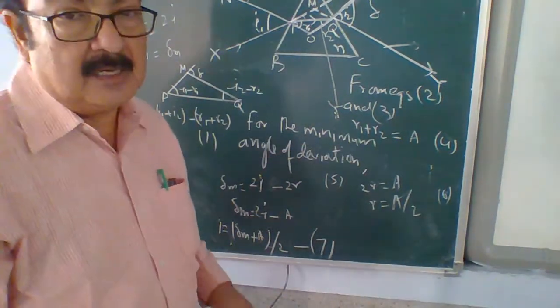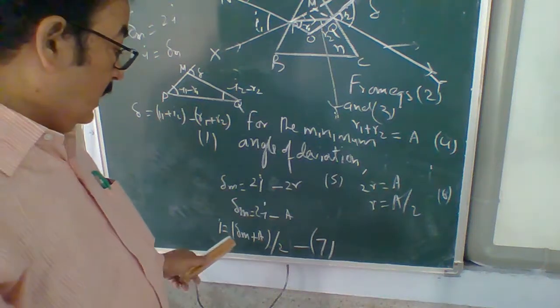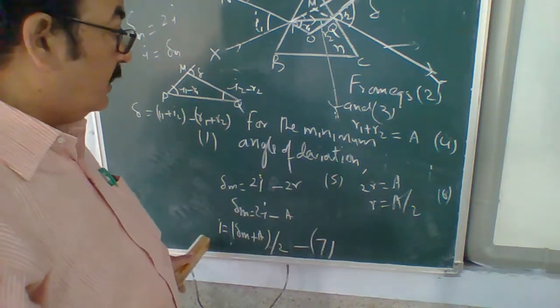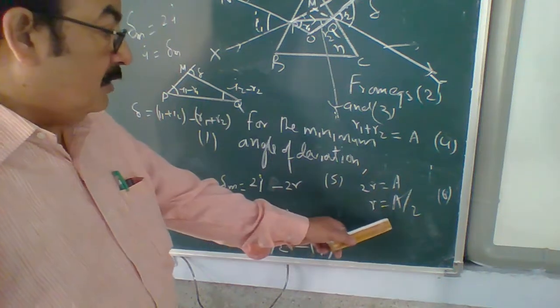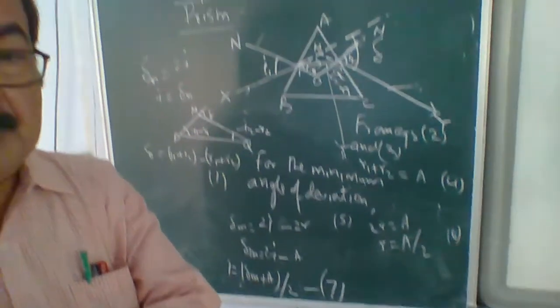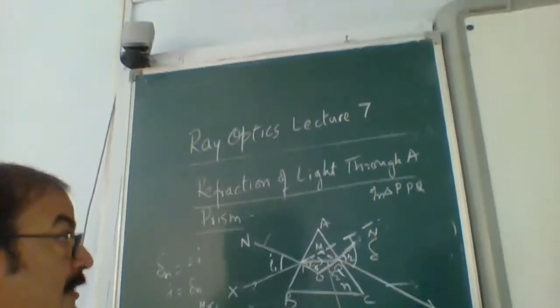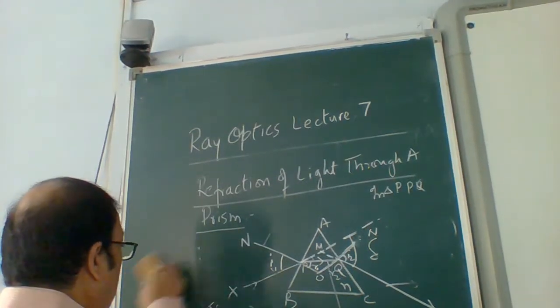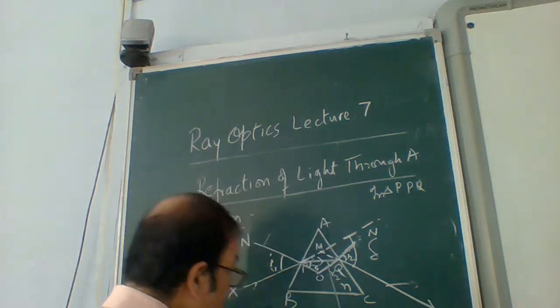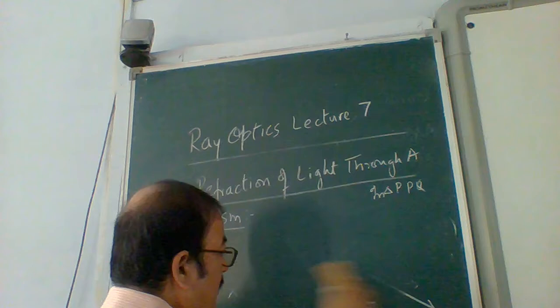So you have seen what we have taken. That is I equal to delta m plus A by 2. This is your equation for the angle of incidence, and the angle of refraction is R equal to A by 2. After having these two equations 6 and 7, I am just removing all the diagram right now, all the calculations, including the main diagram.